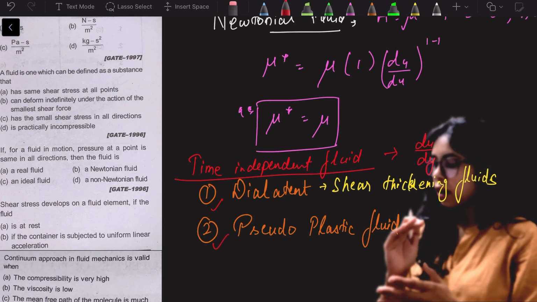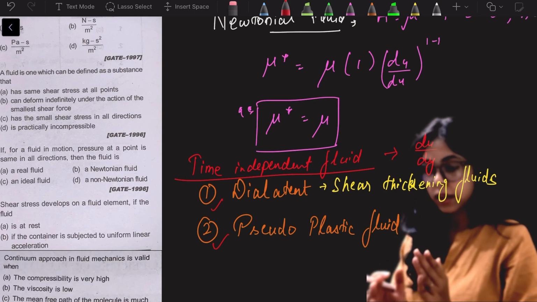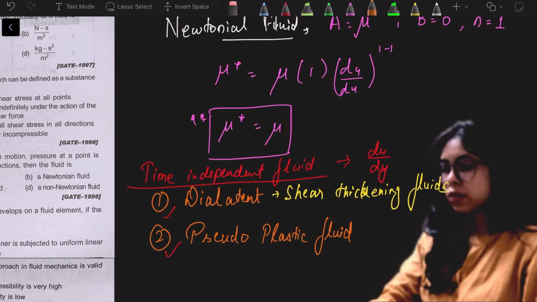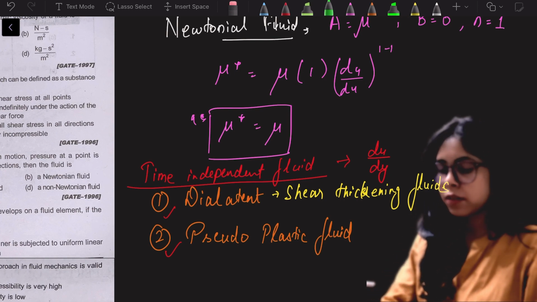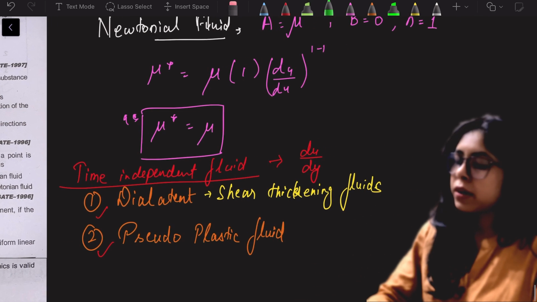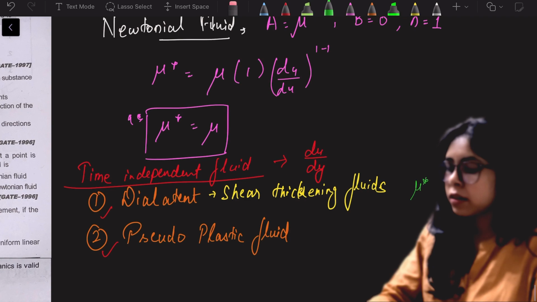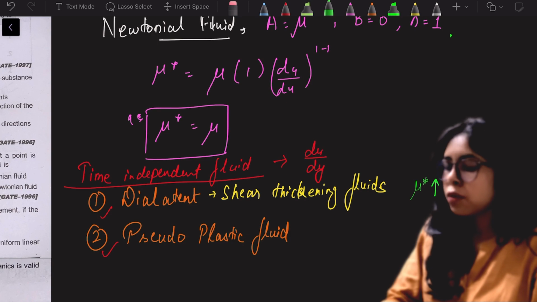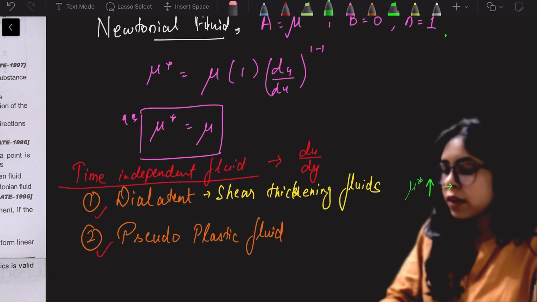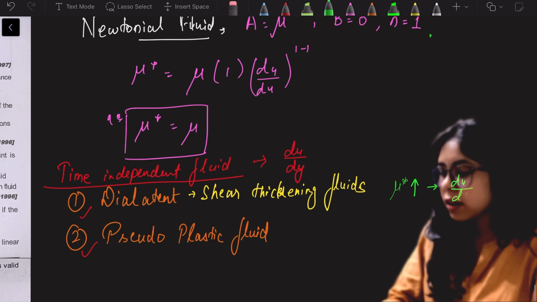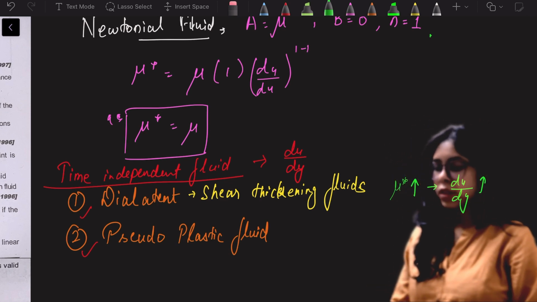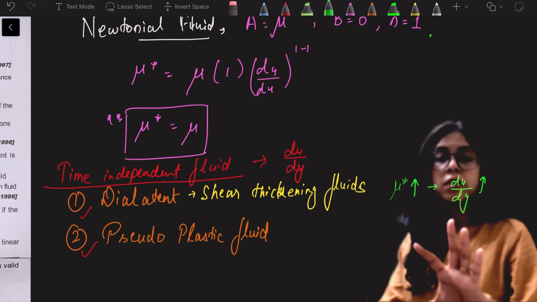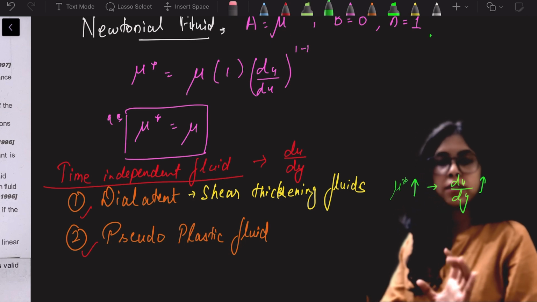Let's say first the apparent viscosity increases. When your apparent viscosity, that means mu star, increases as du over dy increases, that is dilatant fluid.